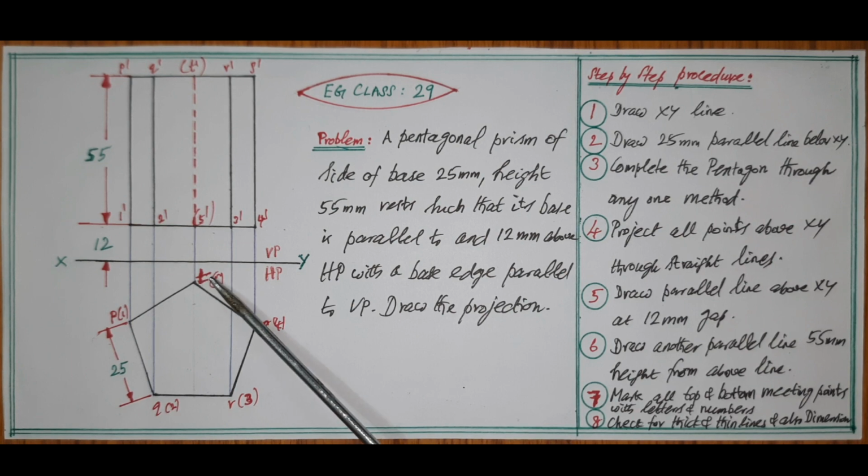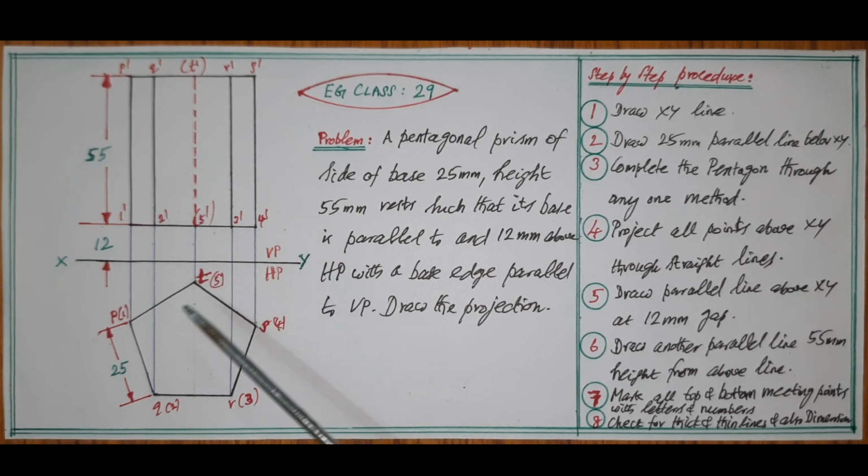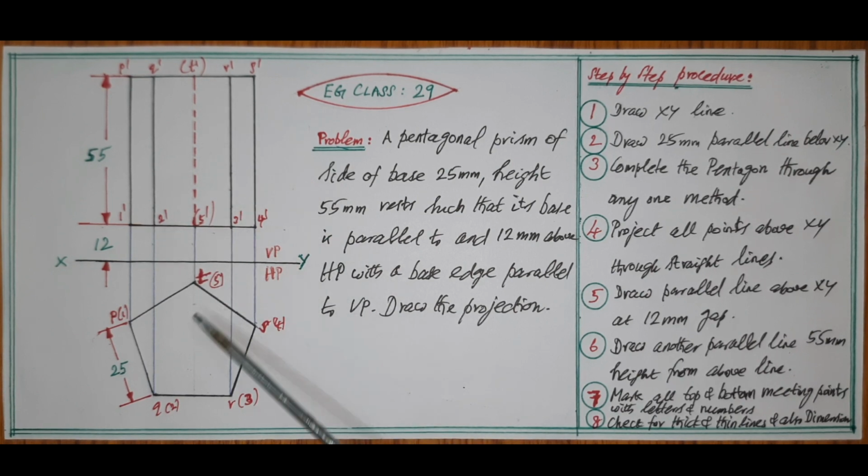As usual, all invisible points are shown within brackets both in top view and front view, that is, the within bracket points and numbers are to be noted. Now, after completing all these procedures, ensure and complete thick and thin lines as shown here.